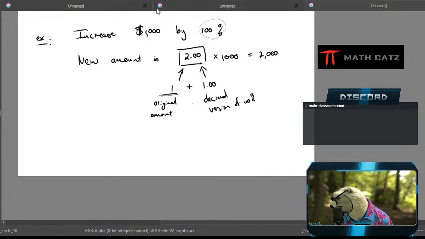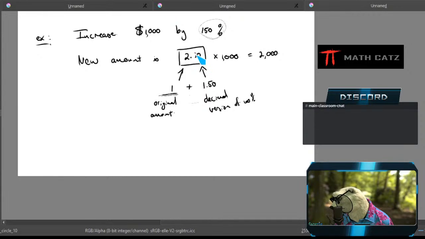Oh, not a lot of space. If I now change this to what I wanted originally, 150, what changes? Very little. The decimal version of the percentage is now 1.5. Sorry, it looks like there's a little thing extra here, 1.5.